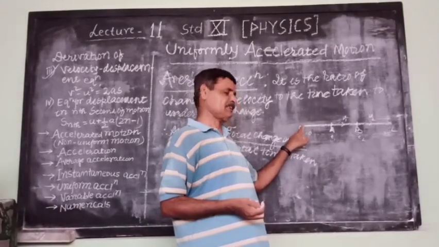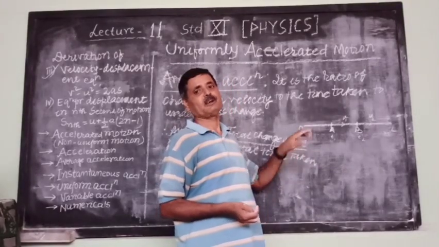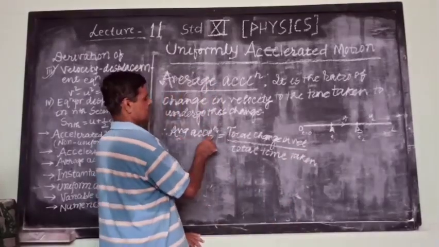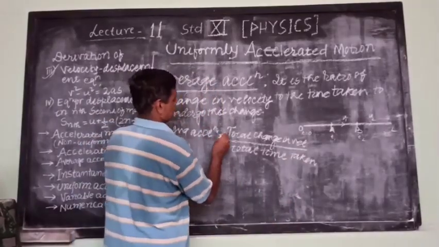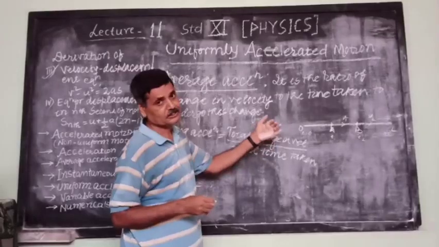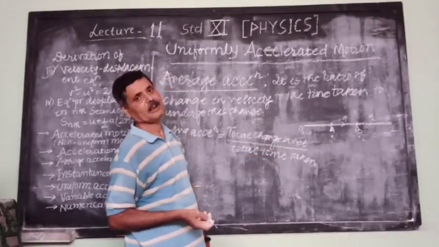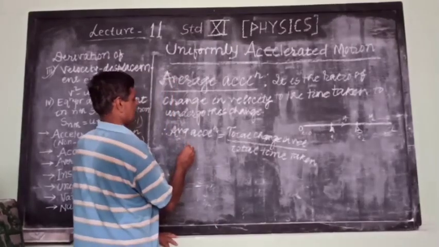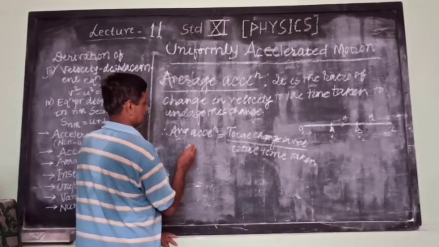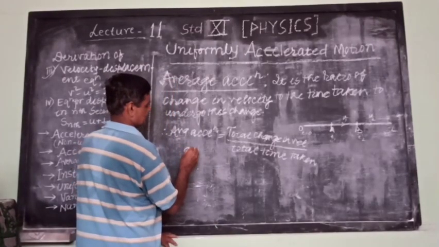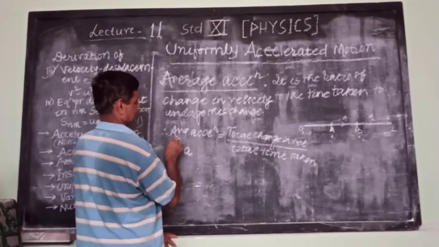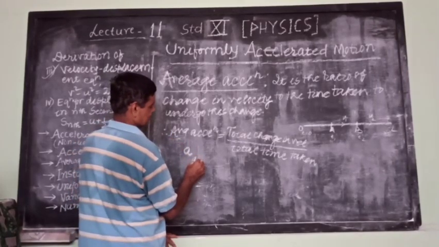The body was at rest at point O when t was 0. So average acceleration can be written as total change in velocity by total time taken. Acceleration is always denoted by a. This is your average acceleration.